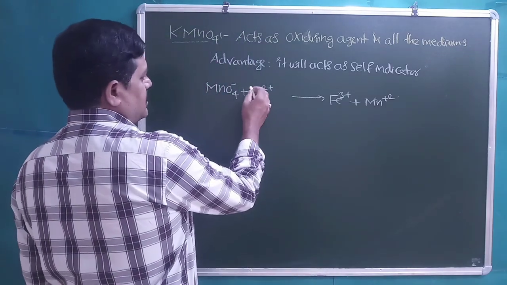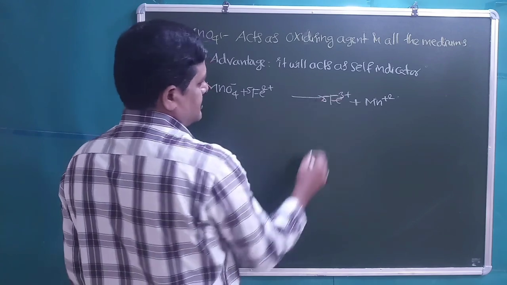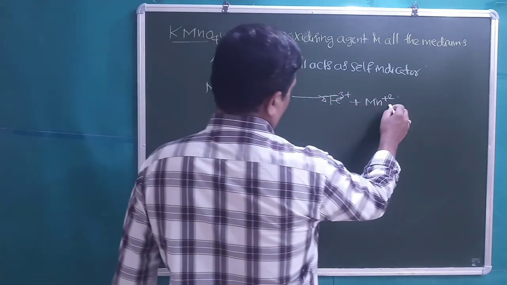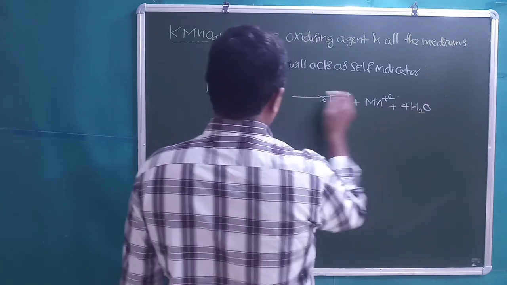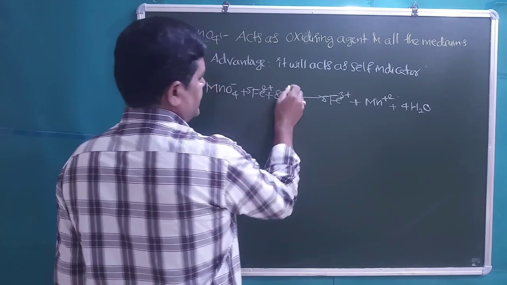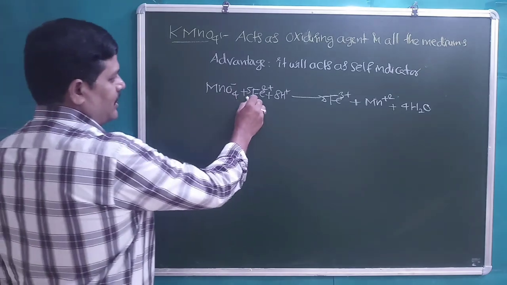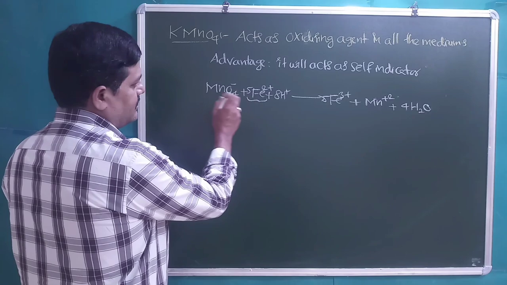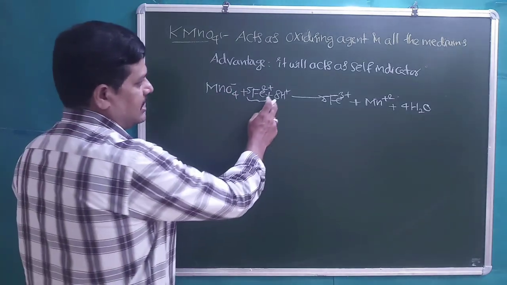The balanced equation, students, we can write as 5Fe2 plus gives 5Fe3 plus, and for the oxygen atoms we write 4H2O and 8H plus. This is a balanced equation in which Fe2 plus ions can be estimated by titrating against standard potassium permanganate in the acidic medium.